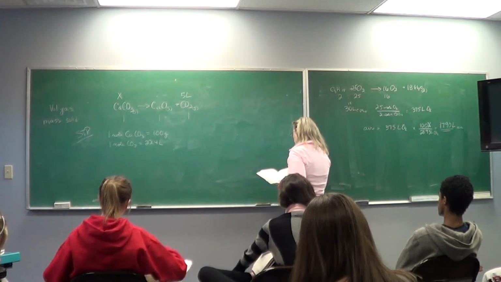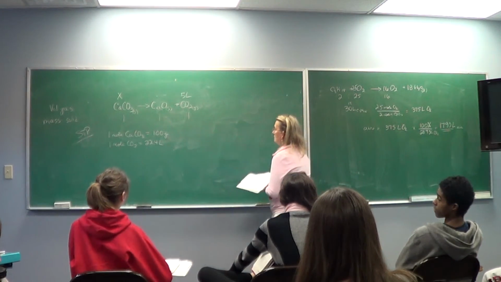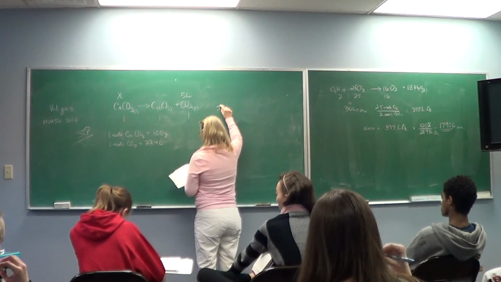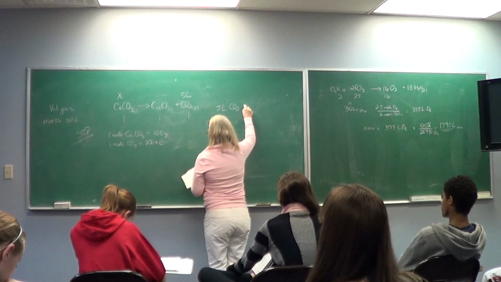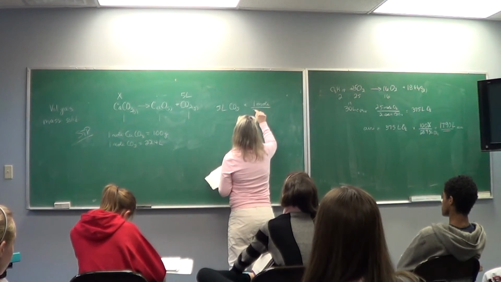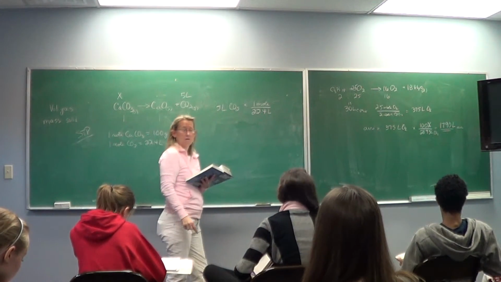Okay, so we'll take 5 liters of CO2 times 1 mole, which has 22.4 liters in it, no matter what we're talking about. That's a constant.